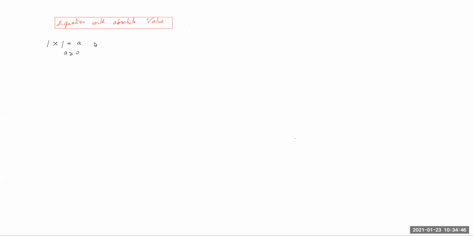So the possible solutions to this equation are given by solving these two equations: quantity equal A, or quantity equal minus A. So let's try to understand why. We said that the absolute value is a distance.